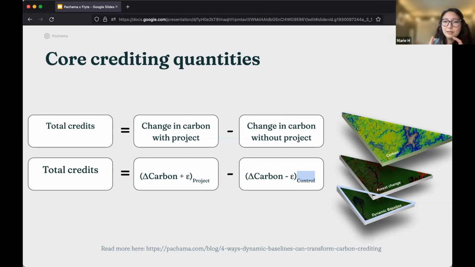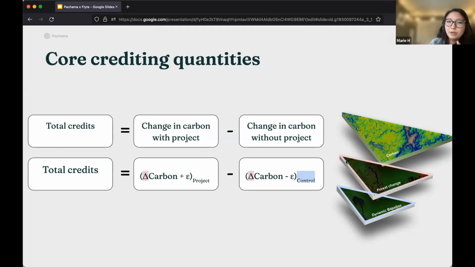The baseline team aggregates a number of features about the land that would influence its risk factor for deforestation, and then runs an algorithm to pick the project's control area. In that way, we get a reasonable estimate of what would have happened, and we can run this many, many times to also calculate the error in that estimate.